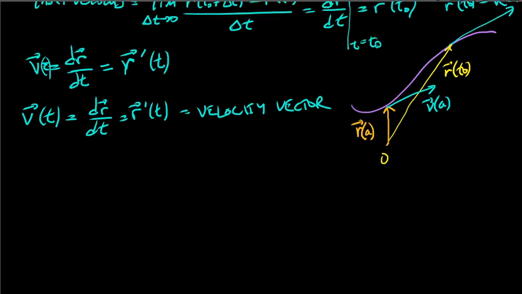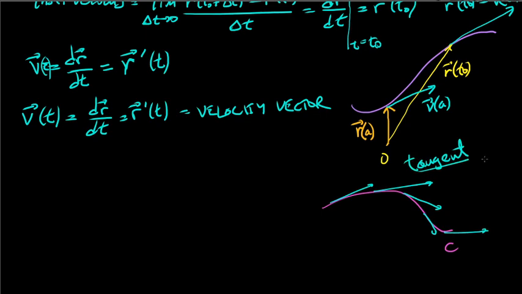In general, when you have your position traced out as a curve, all your velocity vectors will point along the curve. So these are all tangents to the curve. And so the velocity vector is a good example of a tangent vector. If you want to find a tangent vector, just find the velocity. Find the derivative of the position.